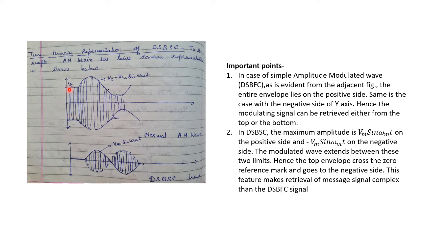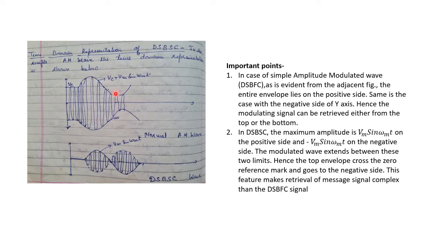As we can see, when the amplitude modulated wave starts from this portion, the maximum amplitude of the carrier, that is Vc, is present, and on this carrier wave we are superimposing the message signal or the modulating signal.